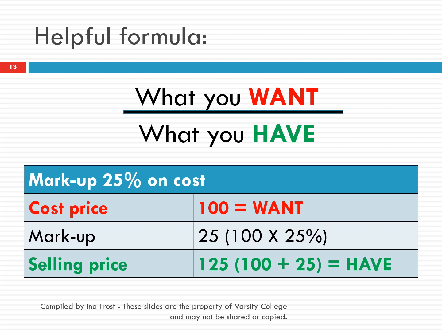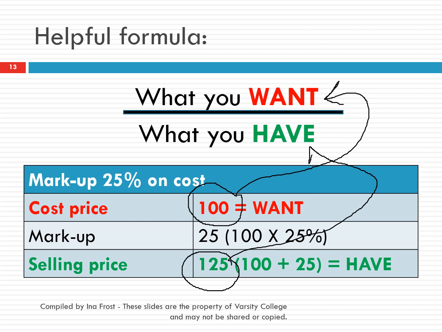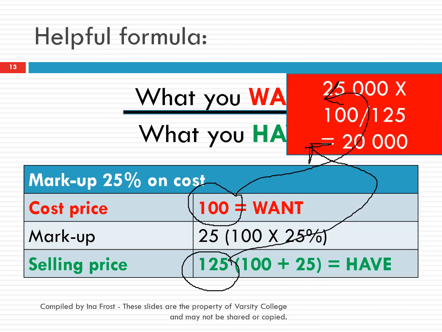We can once again use our formula of what we want over what we have. What did we want? We wanted to calculate the cost price. What was given to us in the question? The selling price. This formula works well for your VAT calculations, but it works just as well for any markup or gross margin calculations.